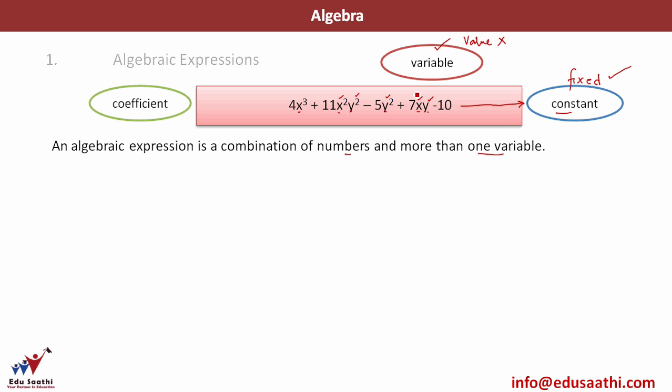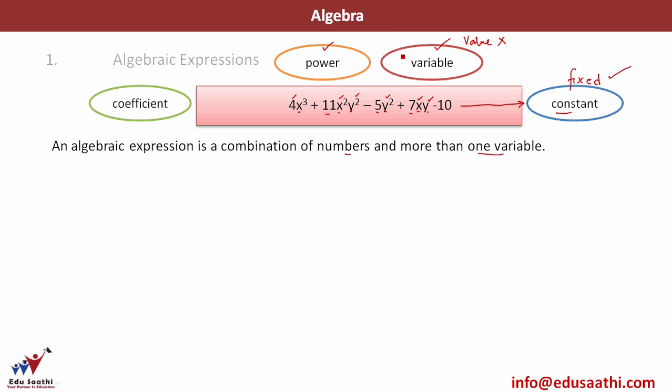The next thing that we need to understand is coefficient. 4, 11, 5 and 7. These are the coefficients of the different variables that we have. That means the variables would be multiplied with the coefficients to get a term. And the last thing that we need to understand is the power.